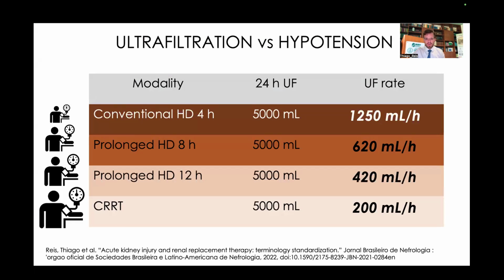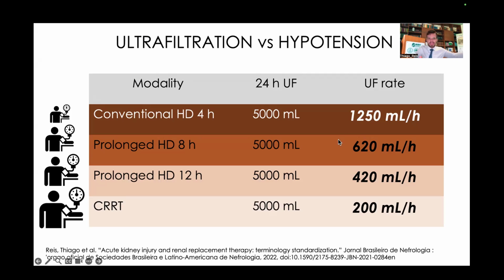A way to understand why intermittent is not so adequate for those patients, while continuous modalities might be the preferred choice, is because if a patient requires 5,000 mLs to be removed in 24 hours, and we apply a 4-hour session, we would be removing 1250 mLs per hour.